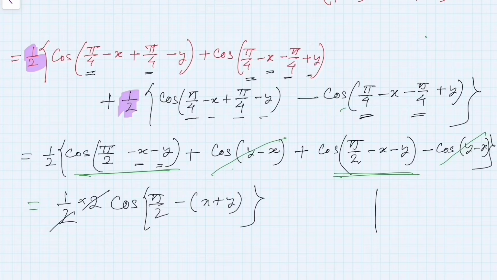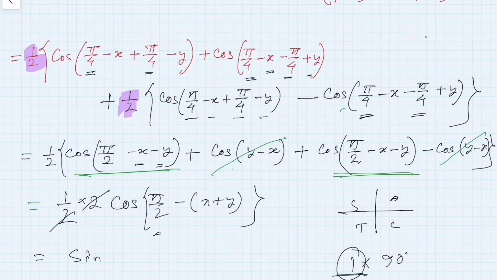Now apply the ASTC rule. Here you see pi by 2 means 90, or you can consider 90 into 1, and 1 is odd, that's why cos will be converted to sine.